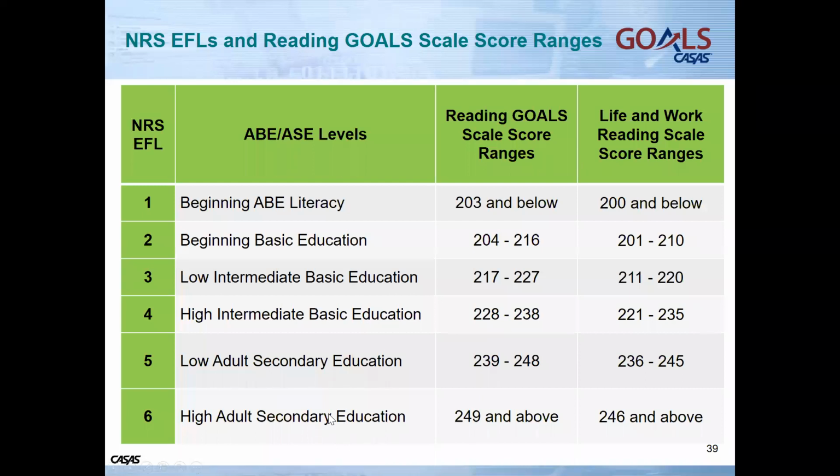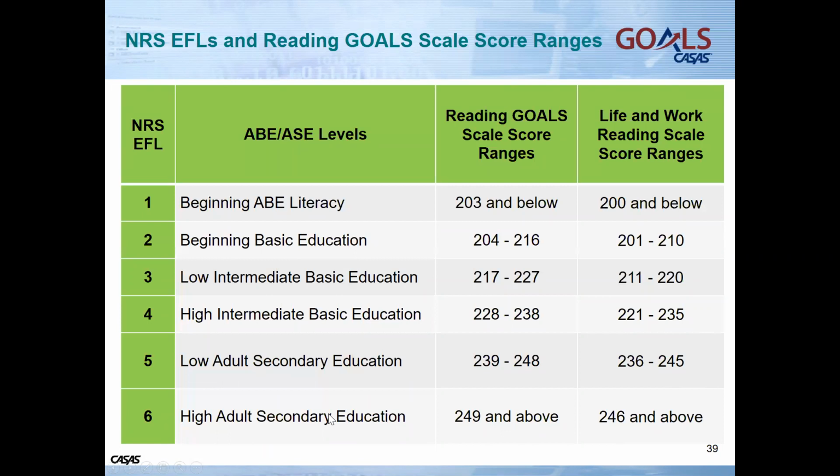And again, that's to be expected because of the greater rigor and the different descriptors, quite different than before. So there's a slight difference in the beginning ABE literacy, 203 and below. In order to get out of beginning ABE literacy, you need a 204 as opposed to a 201.